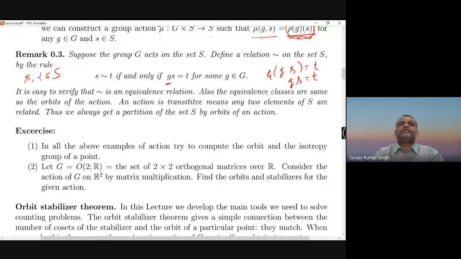So now you can easily verify that, because of the group action property, this relation is an equivalence relation.